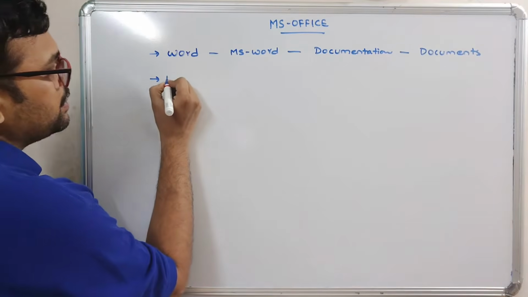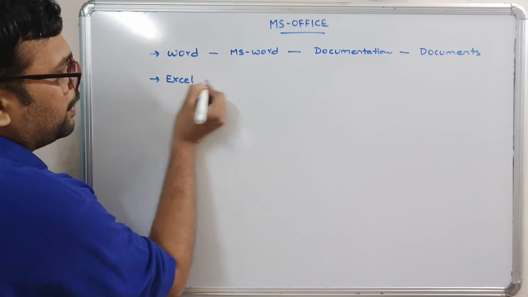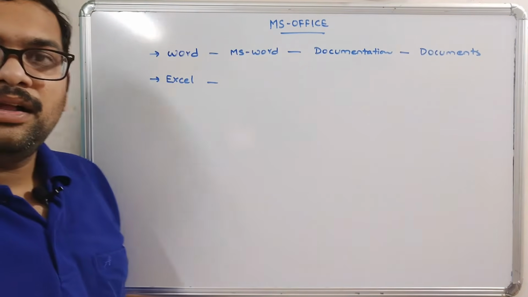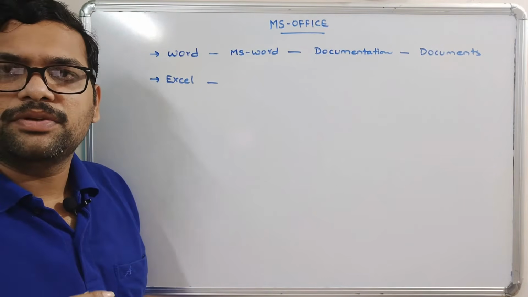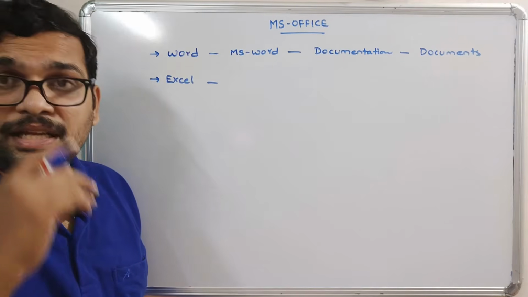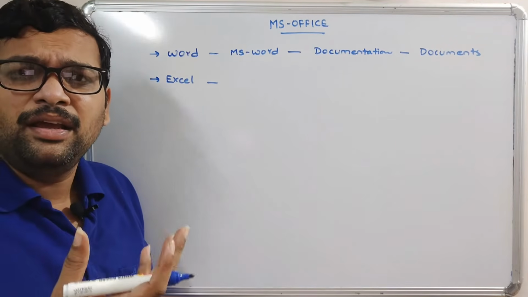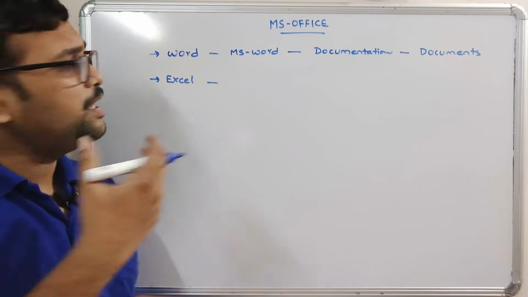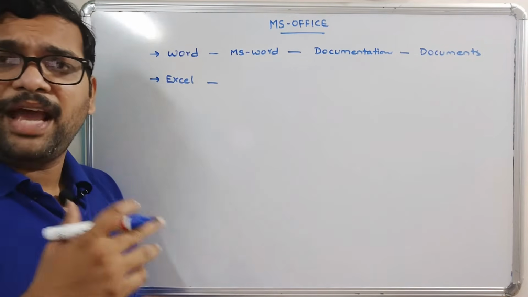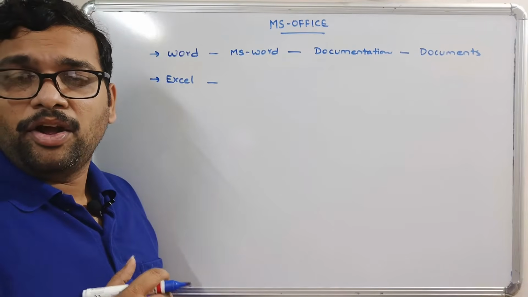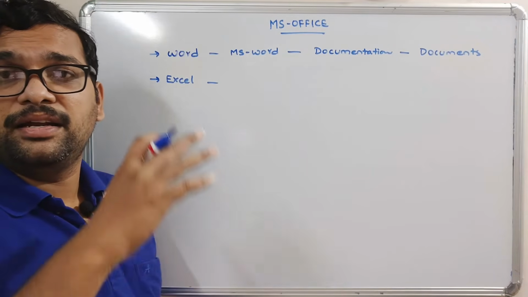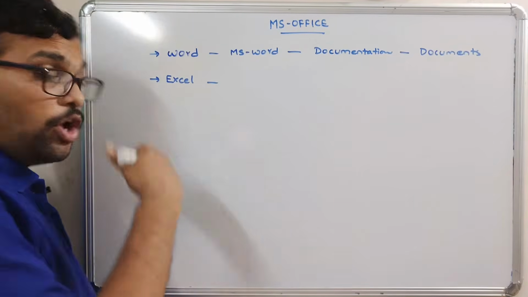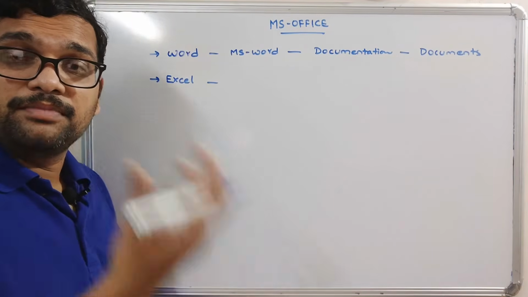And the next one is Excel. Coming to Excel, mainly this is used for accounts. That means if we need any computations based upon a formula, we can go with Excel. Excel has a lot of formulas, and we can also represent the data in terms of tables and graphs.